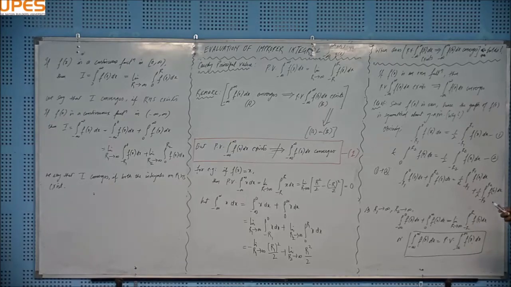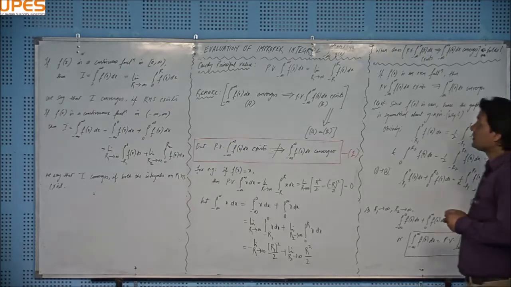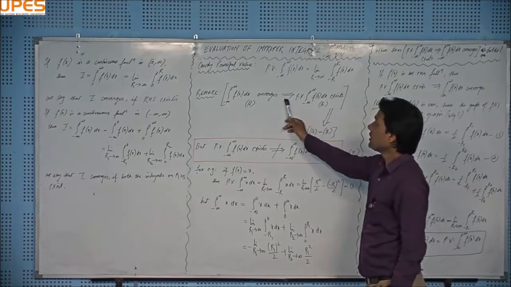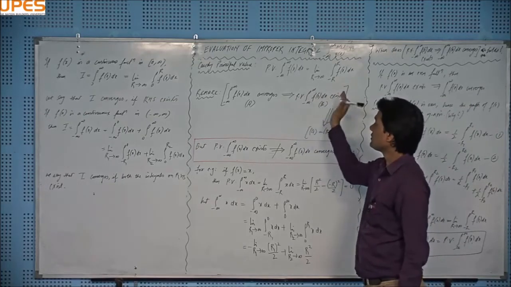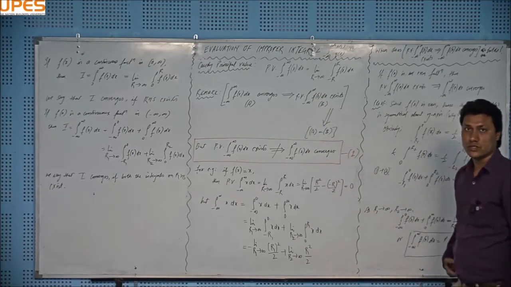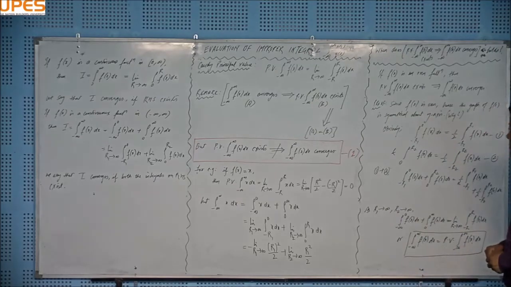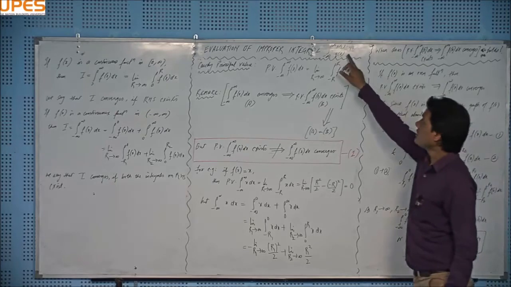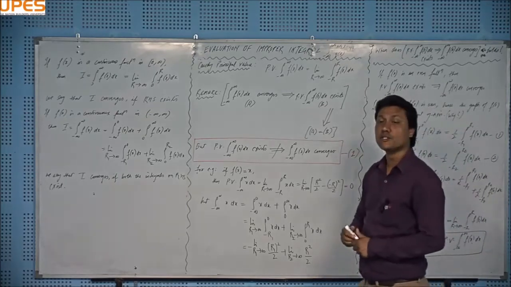So we can say that when f(x) is an even function, then for this implication, the converse part is also true. And to evaluate an integral of this type, we'll use our residue theory.